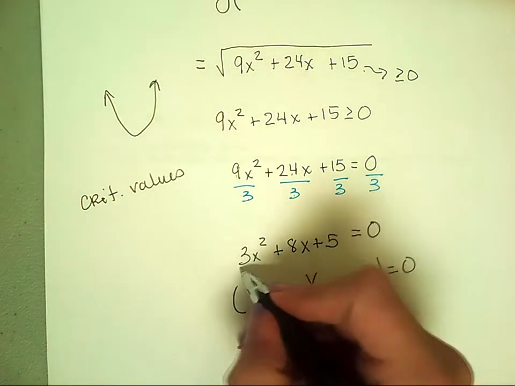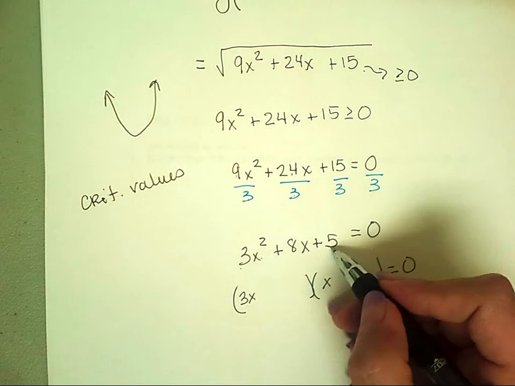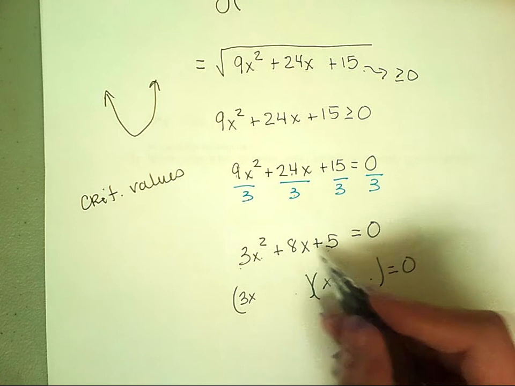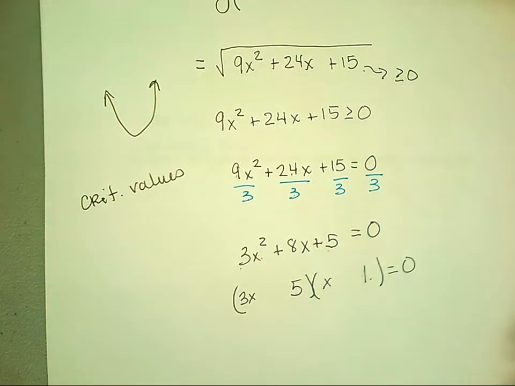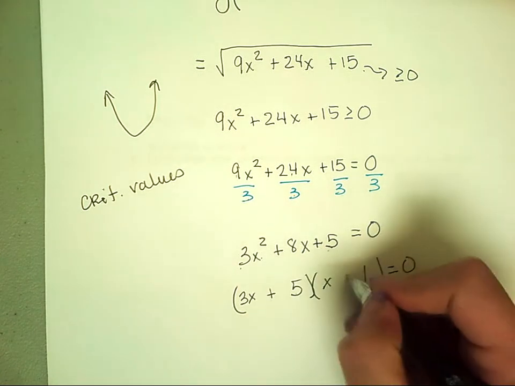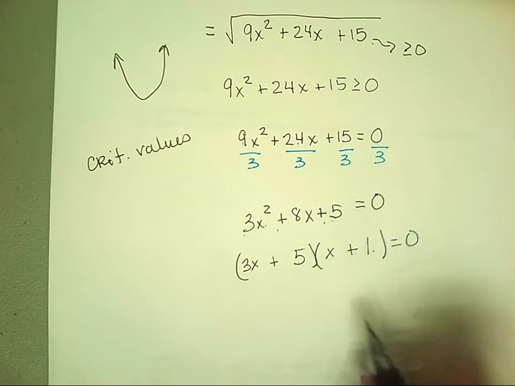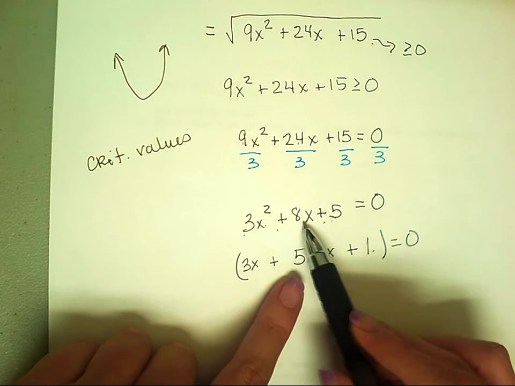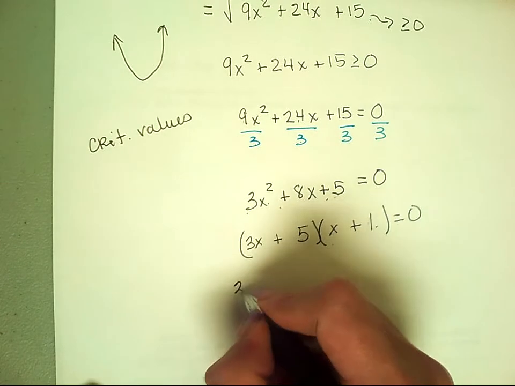Now I bet this is going to factor. To get to 3x squared I need a 3x and an x. To get to 5 I need a 1 and a 5. But if I put the 5 here, I'm going to get 15x, which is much bigger than 8. So let's put the 5 here, the 1 there, and we'll do pluses, because we have 2 pluses. So 3x squared plus 3x plus 5x is plus 8x plus 5.